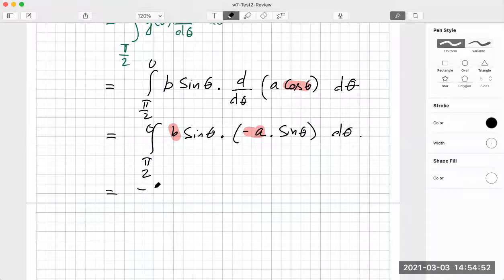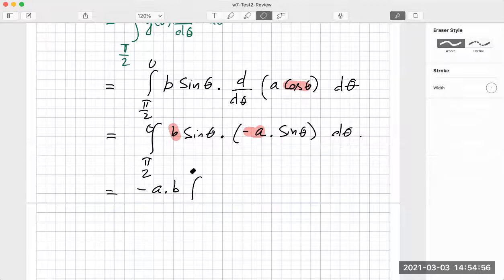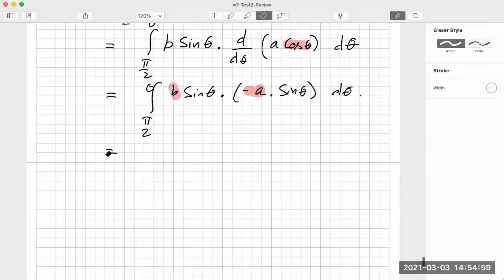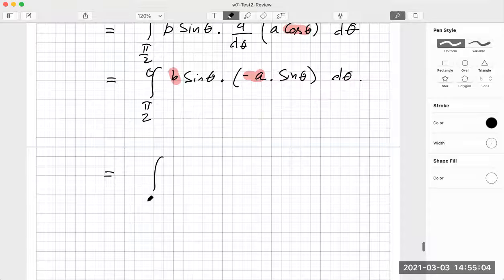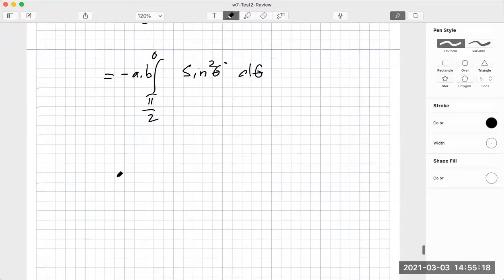It becomes negative a times b, integral from pi over 2 to 0. Let me write it down here because when we export it to a PDF file, it will be better. The integrand becomes sine of theta squared, d theta. So take a look at the trigonometric equations notes I gave you.